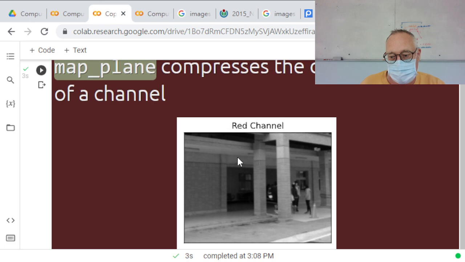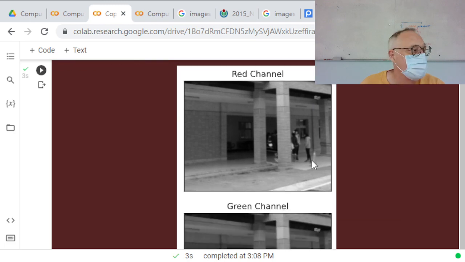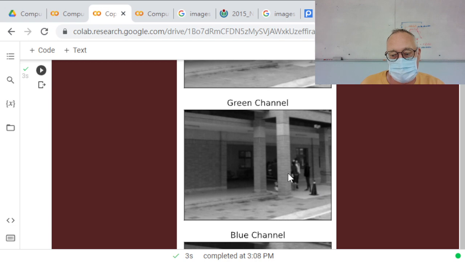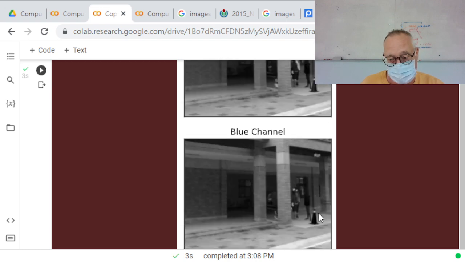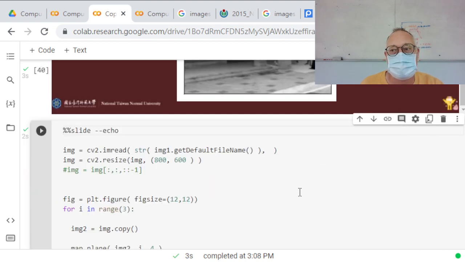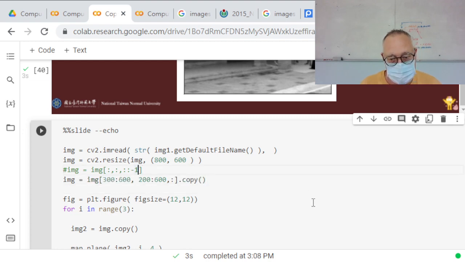And here you can see, for example, the cone is very bright in the red channel, right? Because it's very red. In the green channel, it's sort of average or dark, and in the blue channel, it's also pretty dark. So anything red should have a very strong response in red, but not in the other ones.